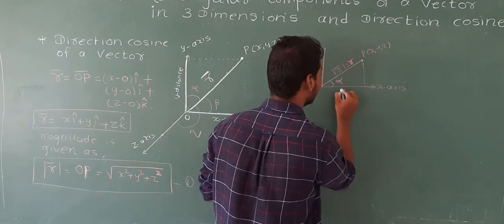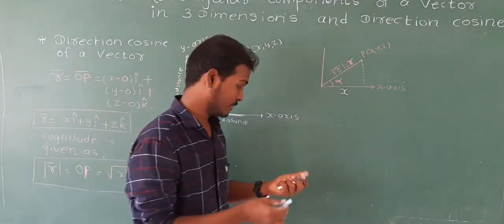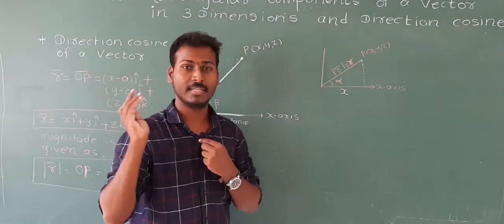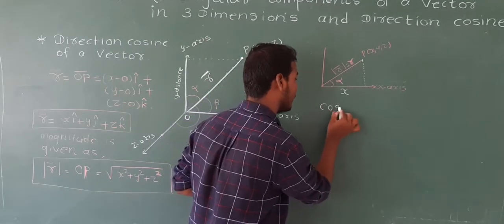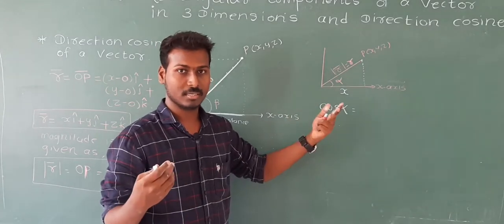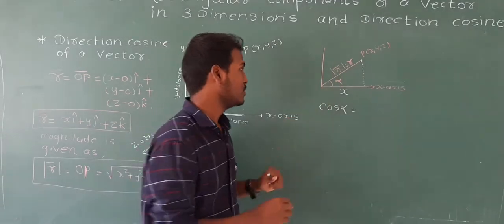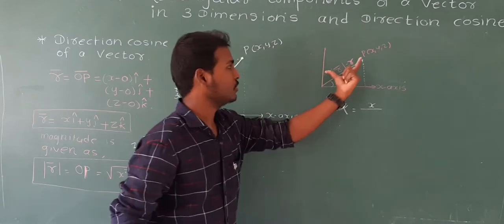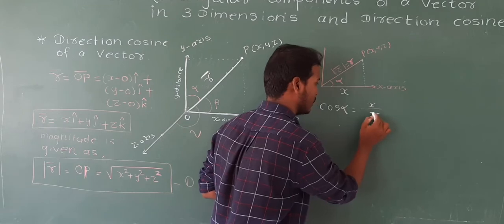Let us assume this distance is x. We don't know the exact distance, that's why we are taking x. So if we use the cos of the angle, because the name is direction cosine, cos alpha is nothing but adjacent side divided by hypotenuse. The adjacent side here is x and the hypotenuse is r. You know that. Is it clear?